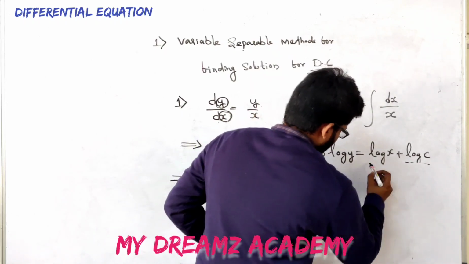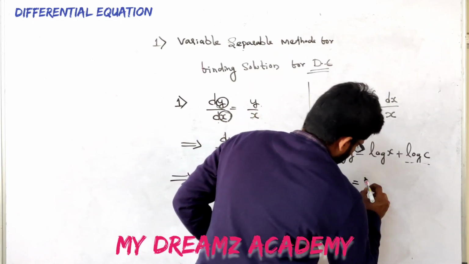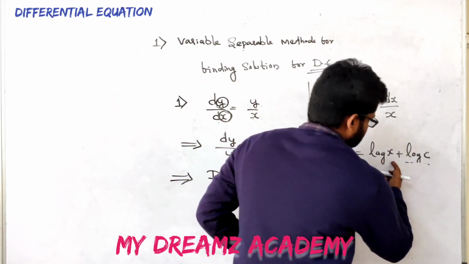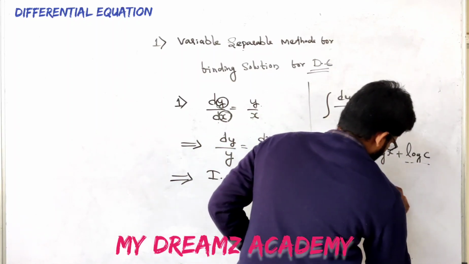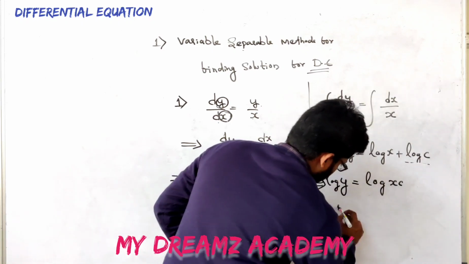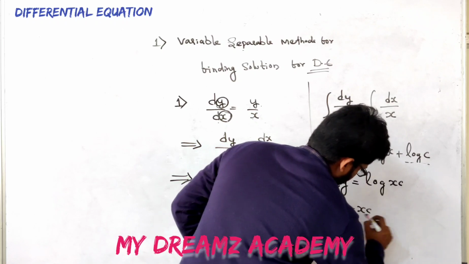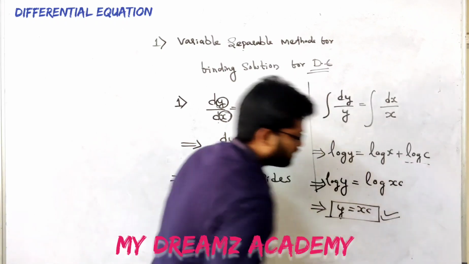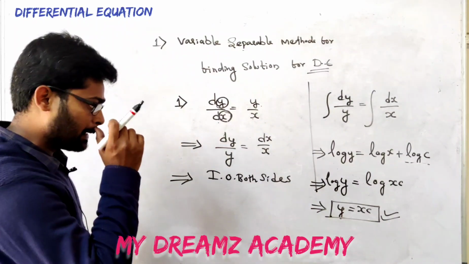So log y is equal to log x plus log c, which is log xc. Cancel the logs on both sides: y is equal to xc. This is the way we find the solution.